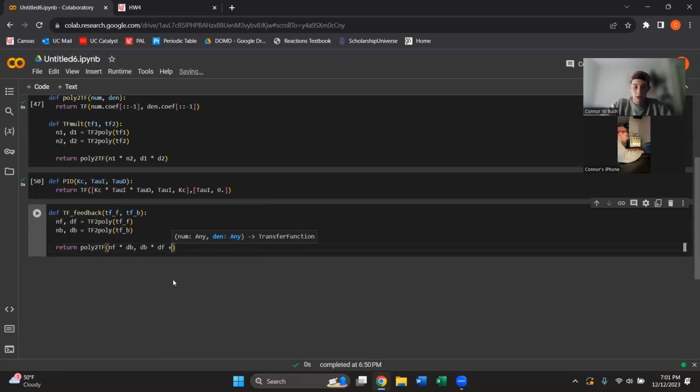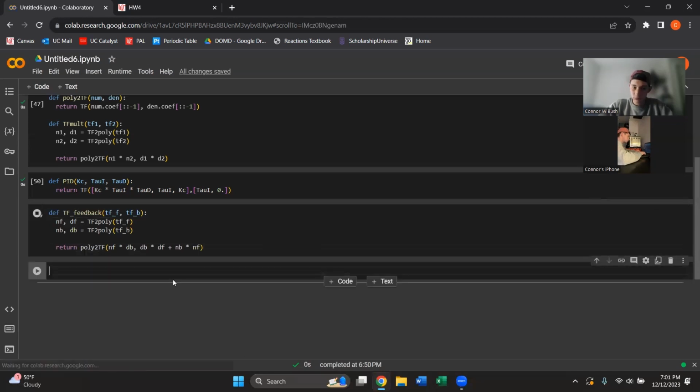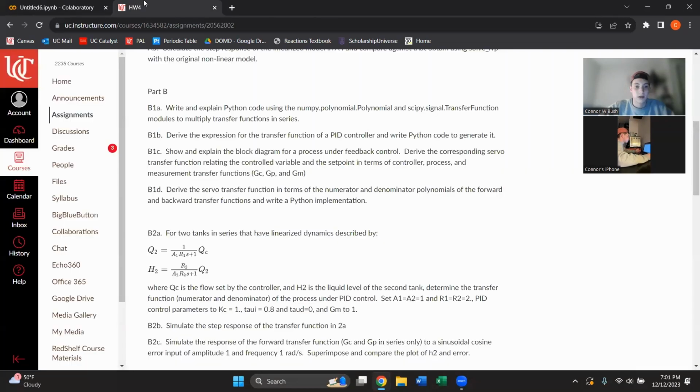And then we're adding the backwards numerator multiplied by the forward numerator. So that is kind of how we can express what a feedback loop will look like in terms of a forward and backwards transfer function.